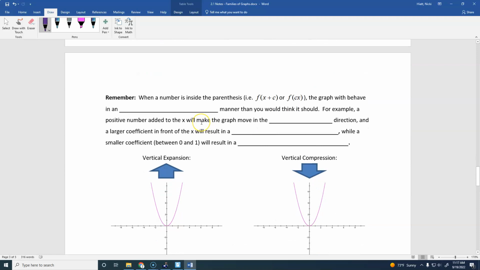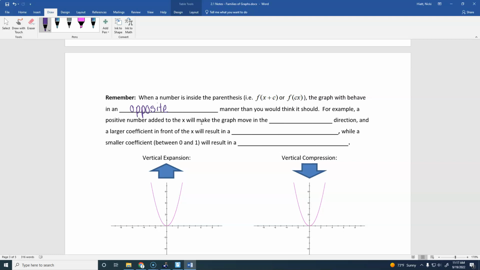All right, so let's talk a little bit more about those expansions and compressions, because I want to talk about exactly by how much this is happening, okay? So, when a number is inside of the parentheses, the graph will behave in an opposite manner than you think it should.